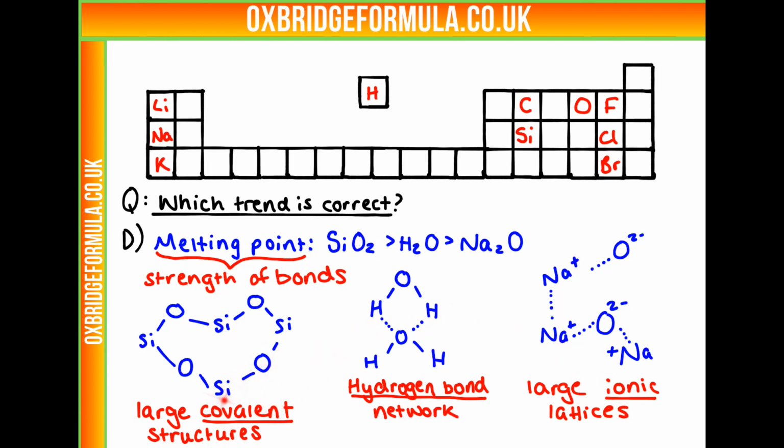These share electrons between each other, so they're a very tight, strong bond there. That's going to be followed by ionic lattices, as these interactions between charges are much stronger than the interaction with hydrogen and just lone pairs. So the actual order of melting points should be our silicon oxide, and then our sodium oxide, followed by our water. So this is not correct.